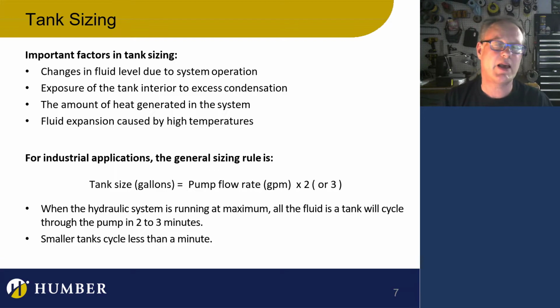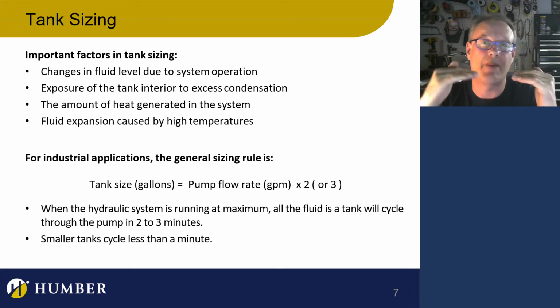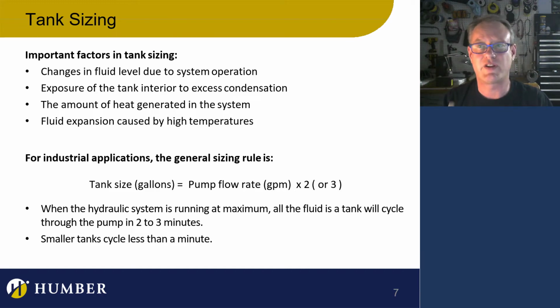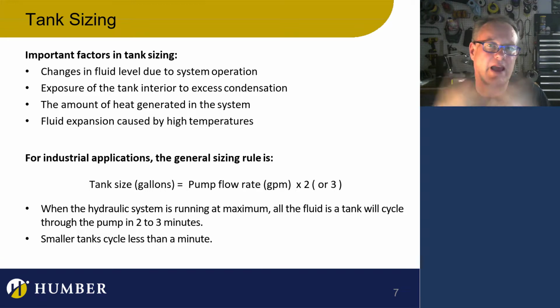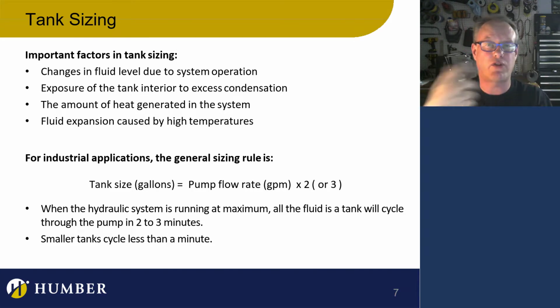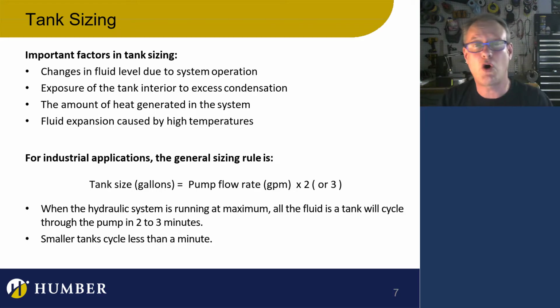Any tank will have a certain level where you say, okay, fill the tank to this amount, and it allows space above that for the fluid to expand and for some foam to be in there. When the hydraulic system is running at maximum, all of the fluid in the tank will cycle through within maybe 3 minutes.